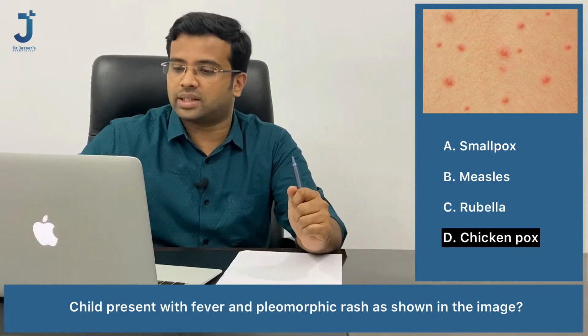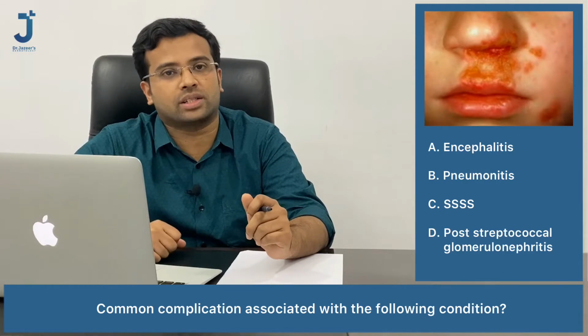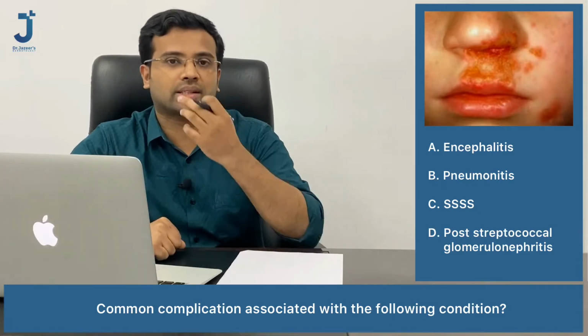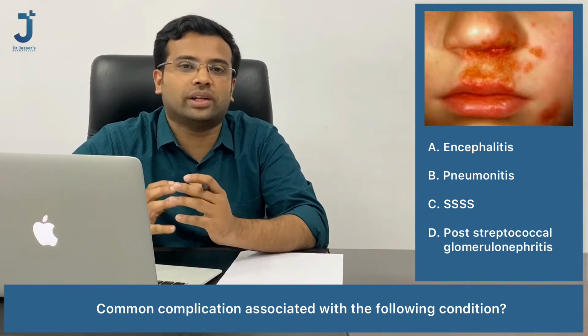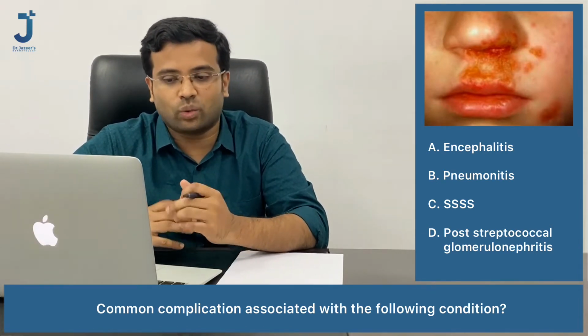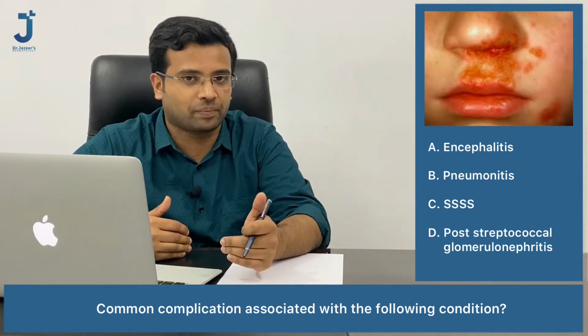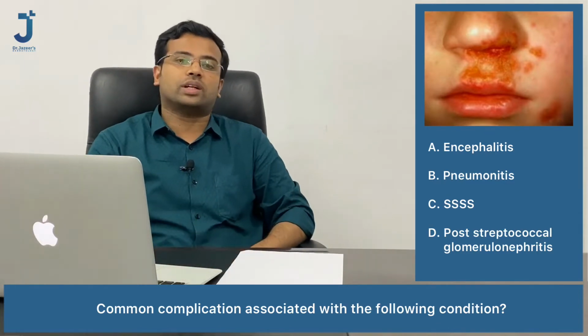Now let's see the next question, that is a common complication associated with the following condition. You can see that in this image the face of a patient is given and there is some crusting, and this crusting, as you can see, is golden yellow, honey colored. Which disease causes a golden yellow honey colored crust? That is impetigo contagiosa. And what is the common causative organism?